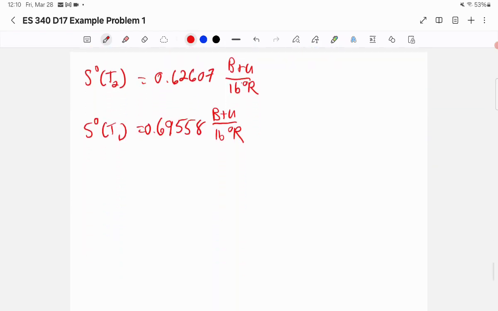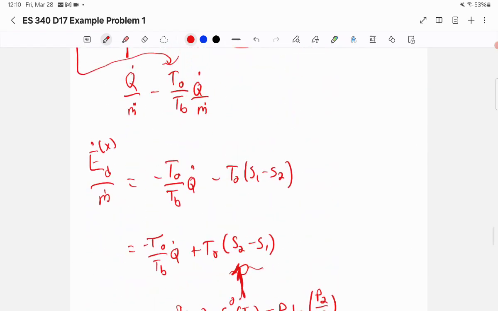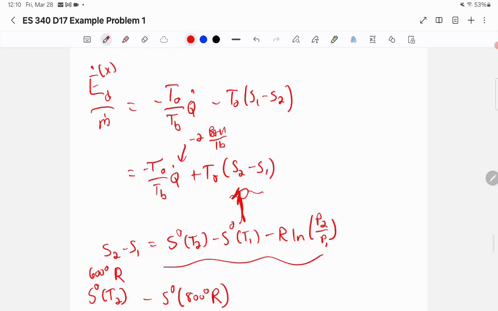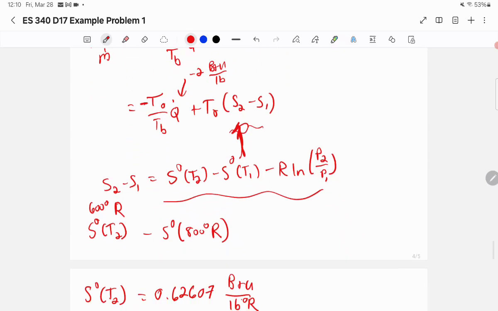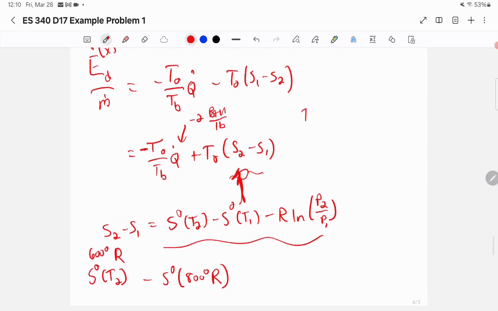If you substitute all of those values in, and then obviously we had the heat transfer rate, which was minus 2 BTU per pound. The minus sign still applies there, which is going to cancel that out. And T naught was equal to 500 degrees Rankine.